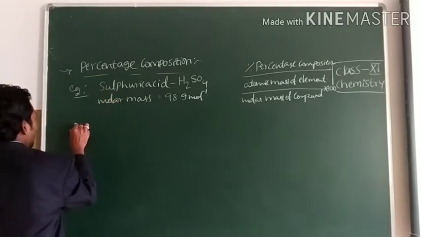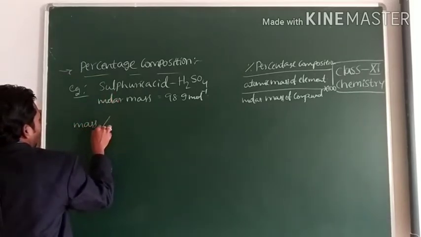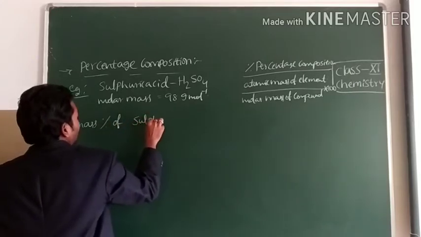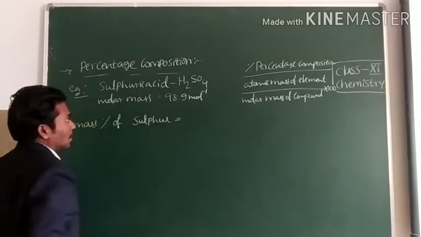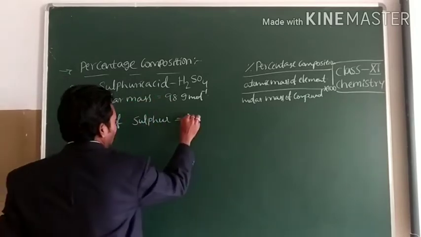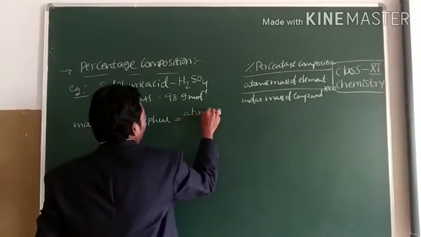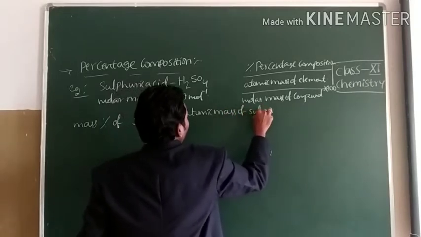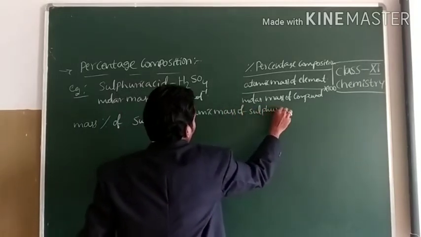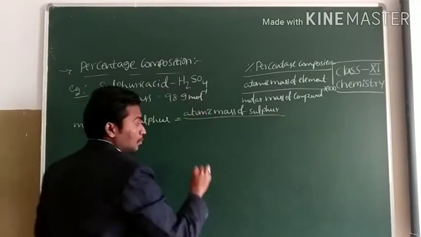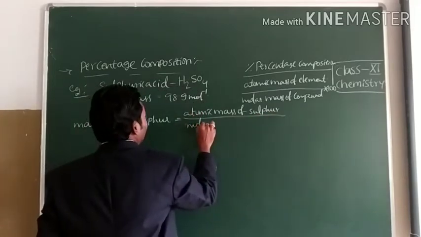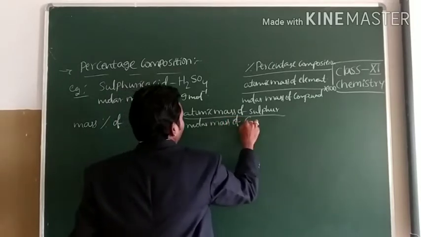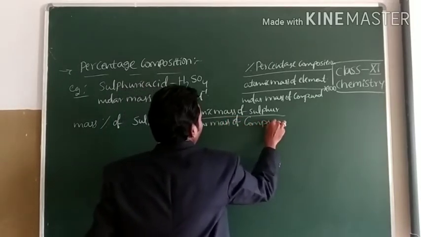Mass percentage of sulfur is equal to atomic mass of sulfur by molar mass of the compound, into 100.